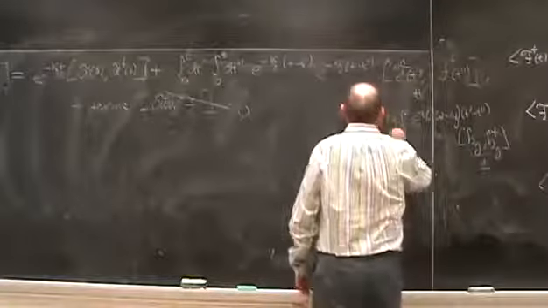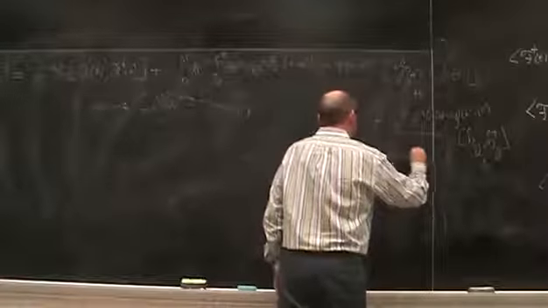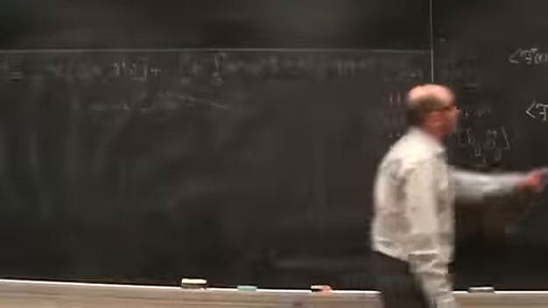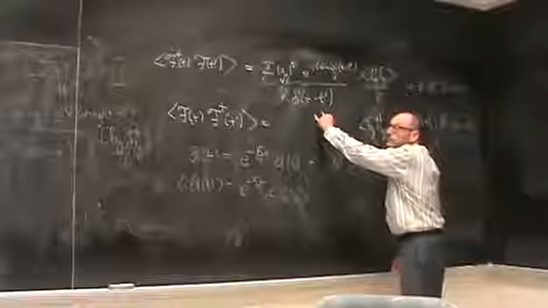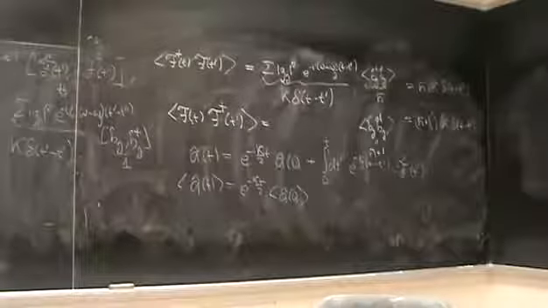And so this becomes kappa times the same factor. So what we see here is the following. Putting that all together, this commutator is 1.